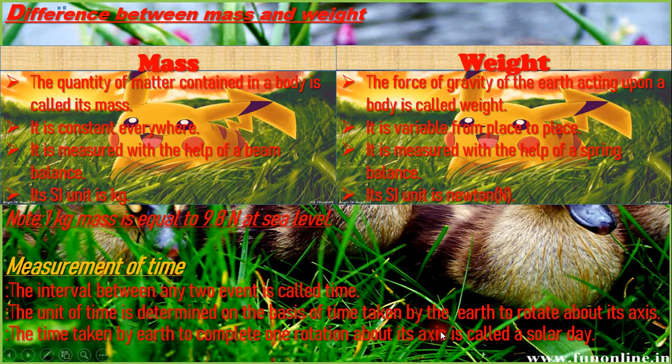The time taken by the Earth to complete one rotation about its axis is called the solar day. We have discussed that Earth moves in two ways, rotating and revolving, so it is clearly said here that the time taken by Earth to complete one rotation, not revolution, about its axis is known as a solar day.